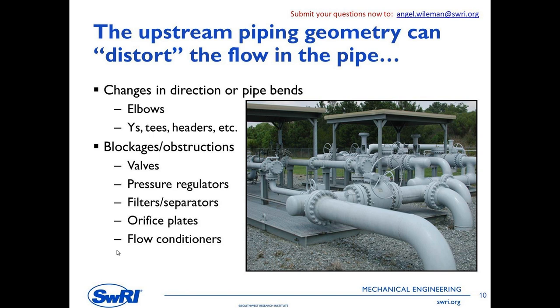You have headers, you have elbows, you have valves, pressure regulators, filter separators, all that kind of stuff changes the shape of the flow profile. And depending on the meter type, some meters are sensitive to this and some are less sensitive to it. We'll go over that in just a second, what my take is on the sensitivity of different meters. If you haven't found a meter yet, it's right there. There's an ultrasonic meter there partway down the run.